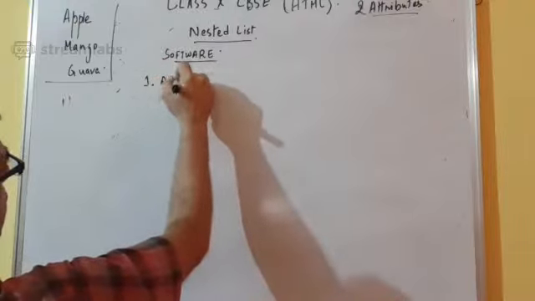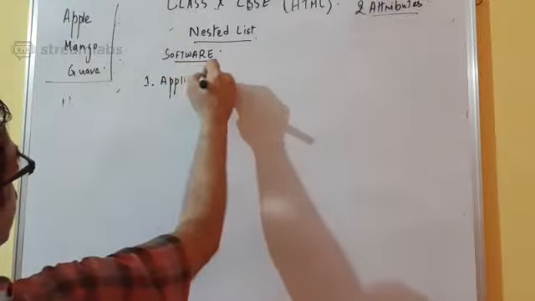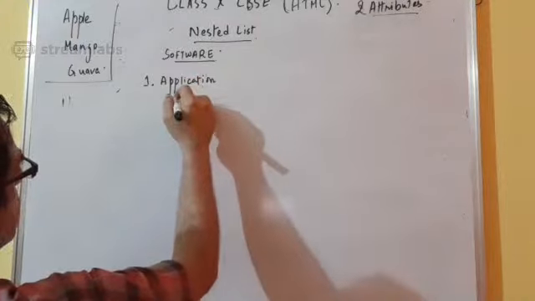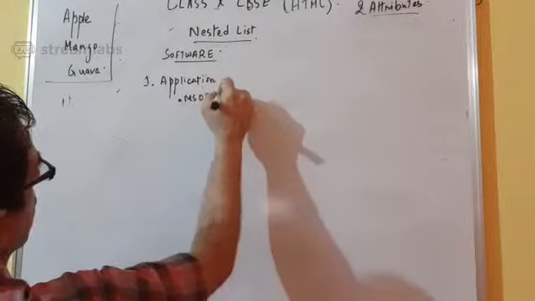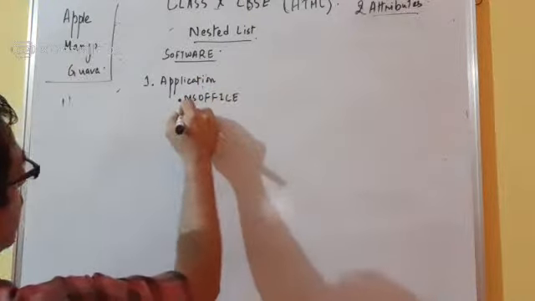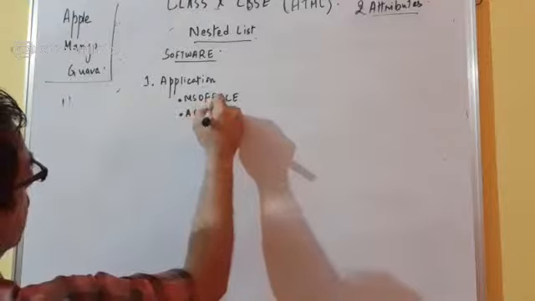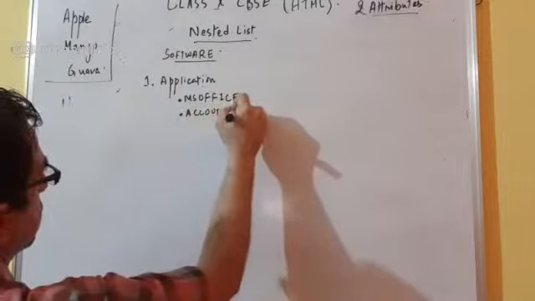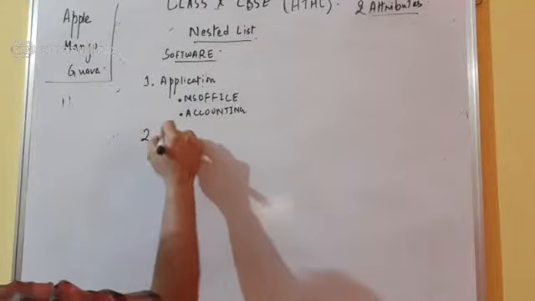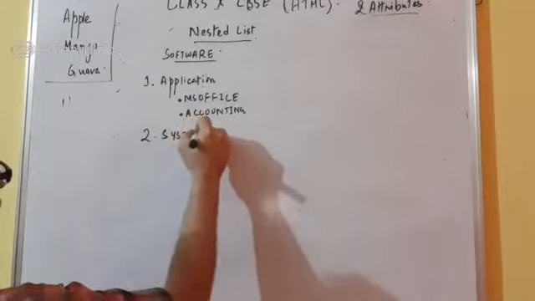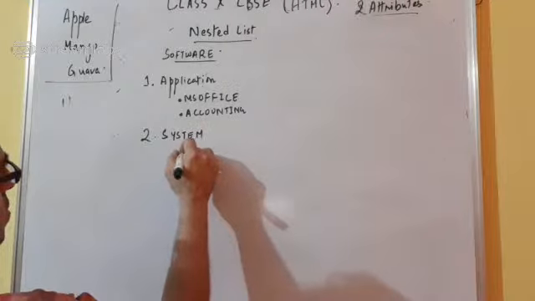So when we are talking about software, we want certain such kinds of things. Application. Then under this you will find MS Office, accounting. Okay, then system is there. So under system I want this.